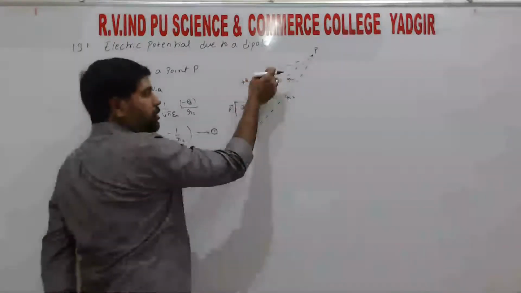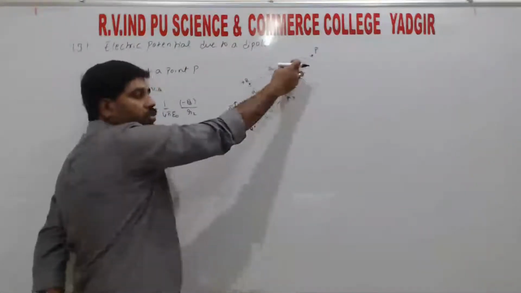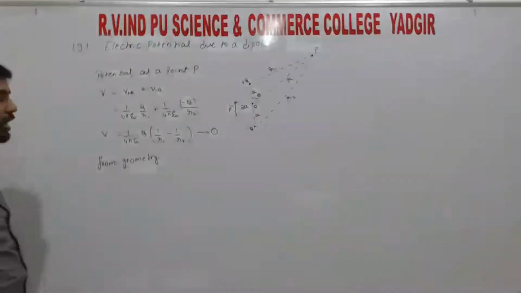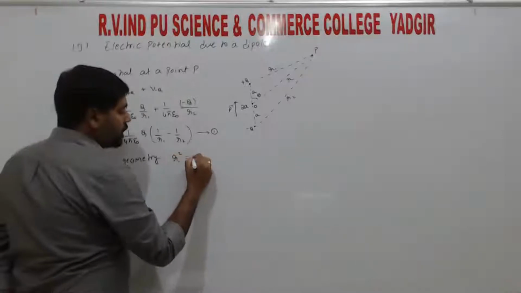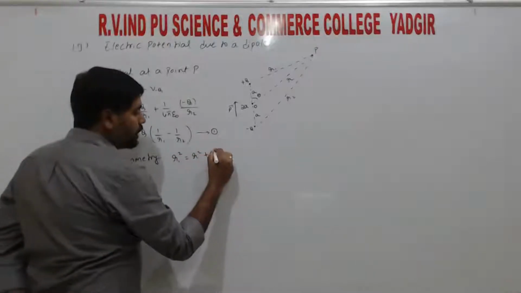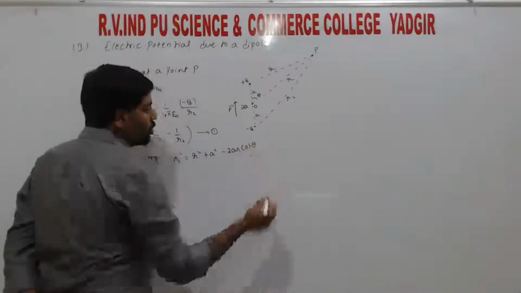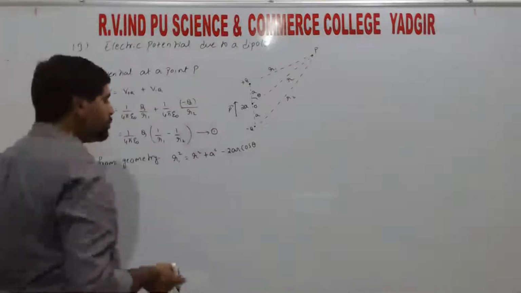Directly we could take the square plus r square, but here it is not perpendicular, so it makes some angle theta, right? So again from the geometry, we can write r1 square equals r square plus a square minus 2a r cos theta, right? So that is the resultant.